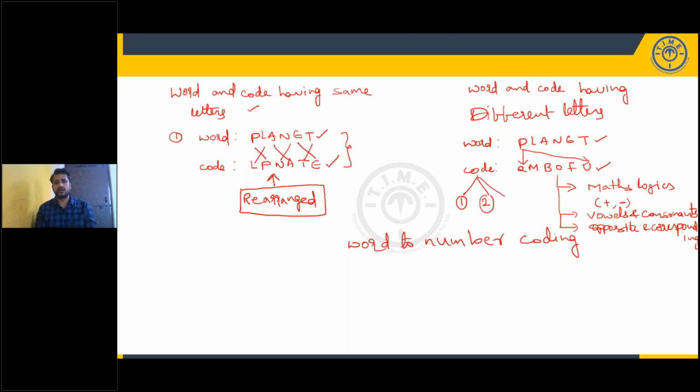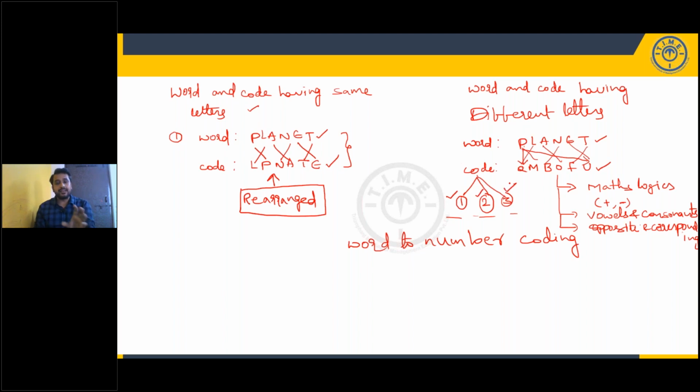If even first letter to last letter does not give the logic by applying the same logic to the given question, then the third one is rearrangement of letters. It could be any one of the ways. In these three ways we have to check: first letter to first letter, first letter to last letter, and so on.